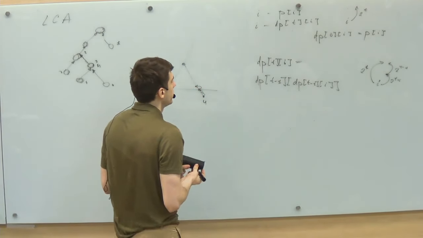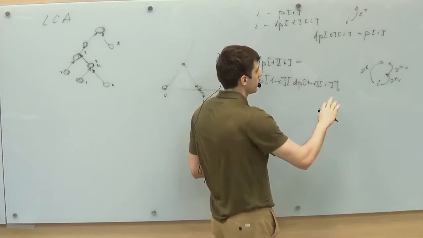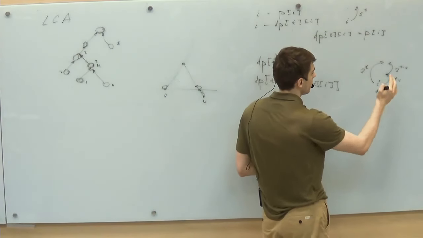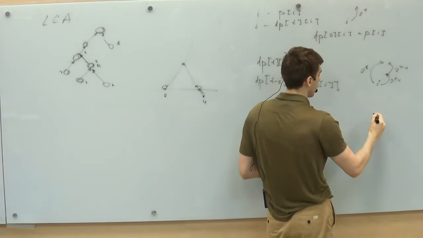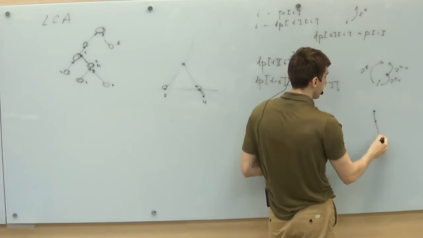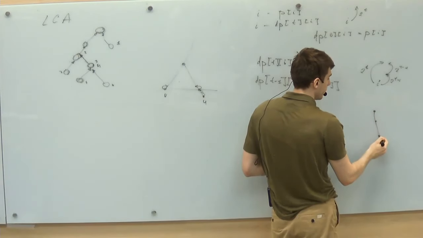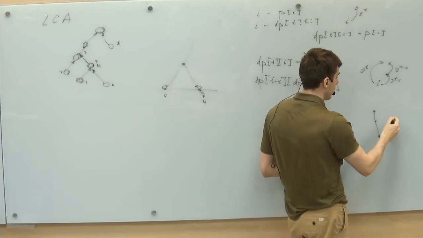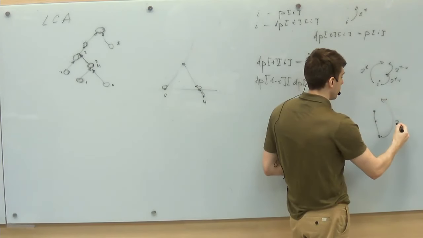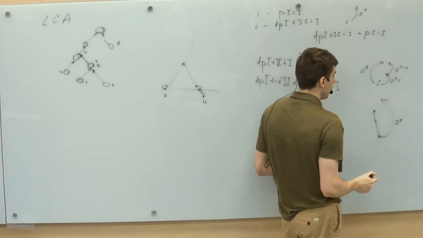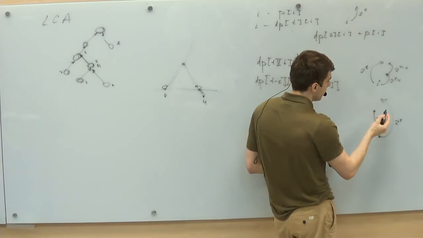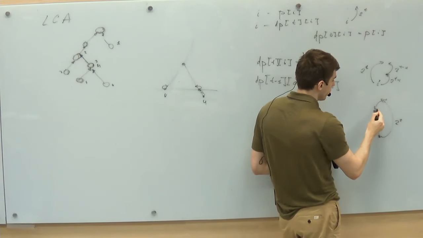And for simplicity, let's say if the vertex has no such a parent, so for example, if this root is our root, and from this vertex we are trying to step by 2 power 2, let's say that this link will just point to the root.